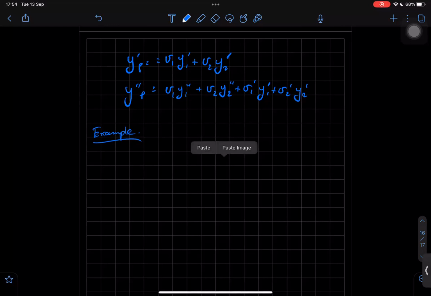Okay, so the example: D squared plus 1 y equals sec x tan x. As you can see here, you cannot use the method of undetermined coefficients. So in this, I'm going to use the method of variation of parameters.